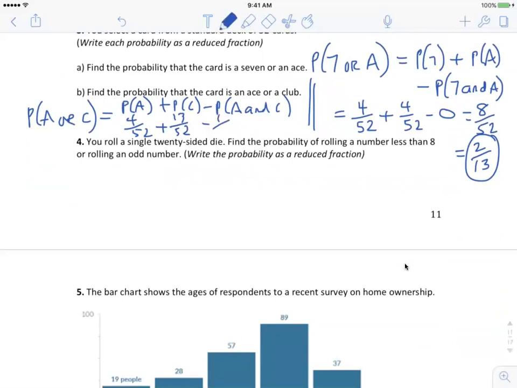You just counted that one card twice because it's an ace, so you counted it in that first fraction. It's a club, so you counted it again in that second fraction. So subtract off the double count. 16 out of 52. Right? That reduces, but I don't have room to write. It was 4 out of 13. Okay, so good to go.